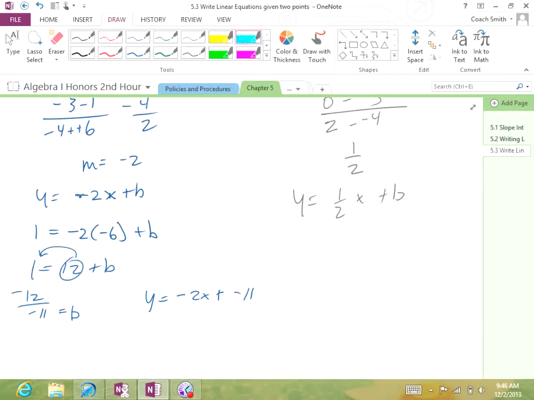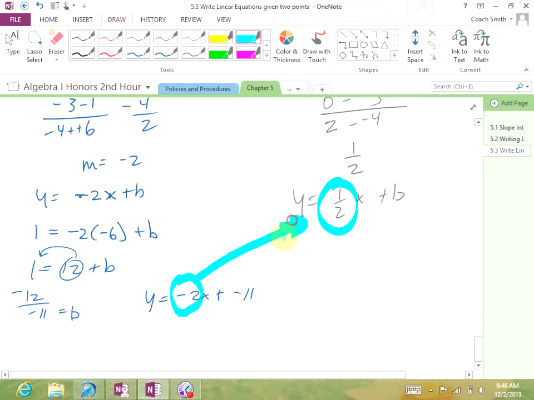What you need to know for perpendicular is this: you need to compare the slopes, because it's the slopes that matter.